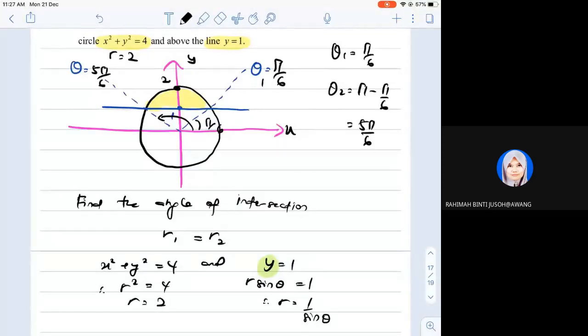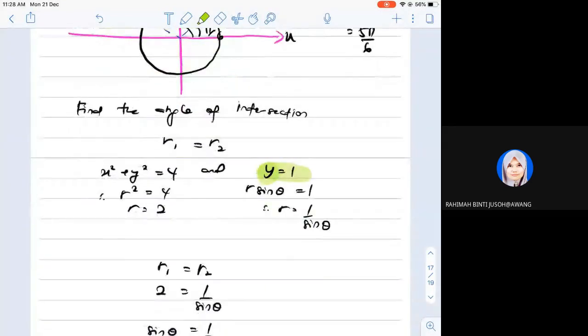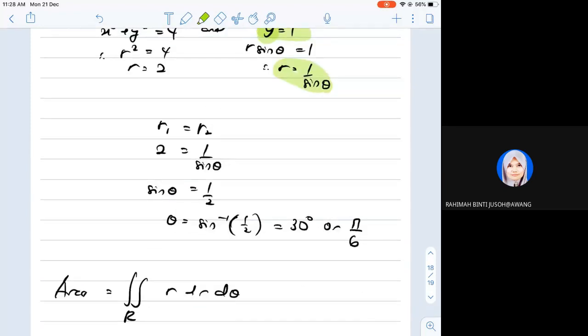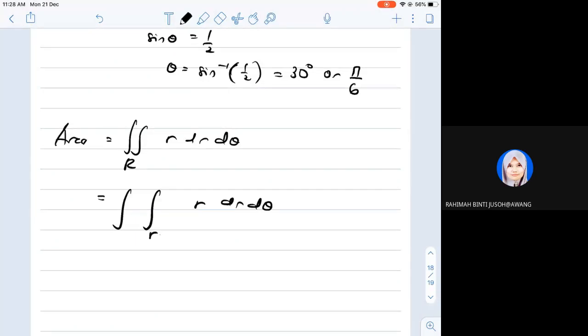Guys, r starts from this line, until this line. The first line belongs to y equals 1. So the lower limit should be r equals 1 over sine theta. Alright, 1 over sine theta is actually equivalent to cosecant theta. So the lower limit should be r equals cosecant theta.